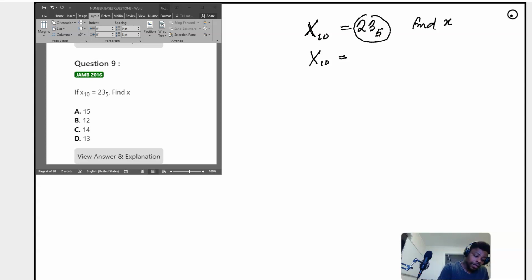So 5 times 2, that is 10. 10 plus 3, that is 13 in base 10. Now, since the base of this side is equal to the base of this side, that means the number x and 13 will be equal. So x will be equal to 13. So our option is D.